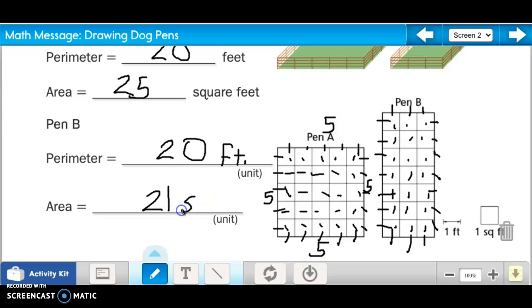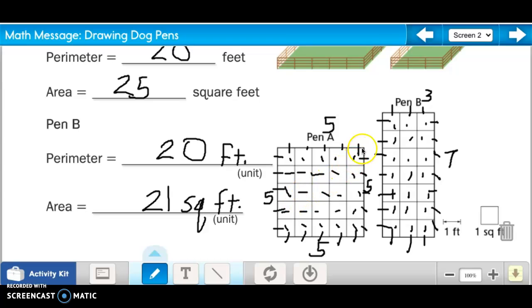And we'll put SQ for square and then FT for feet. Those are abbreviations for square feet. Now, we could go, oh, there's 3 and 7 squares. And if you know your times, 3 times 7 is 21. It's the same as 7 plus 7 plus 7. It's 21. So that's another way to get it.